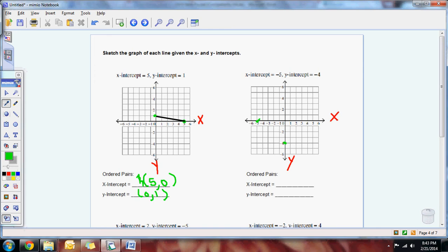And then I'm going to graph my line. There we go. And now I have to write the ordered pairs. So my x-intercept is going to be over -5 and up or down 0. And then my y-intercept is going to be over 0, down 4.